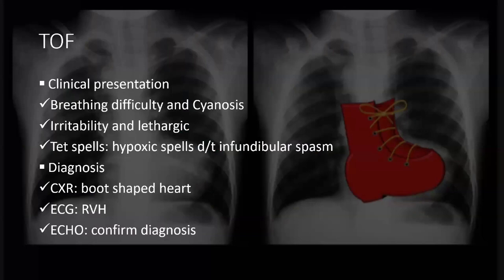And then in terms of clinical presentation, obviously they have breathing difficulty and cyanosis, and then they usually have TET spells, which are hypoxic spells. A sudden increase in the right to left shunt appears to be the prime event of these hypoxic spells. So usually an increase in the pulmonary resistance or a decrease in systemic venous resistance will increase the degree of the right to left shunt, producing a more severe desaturation.